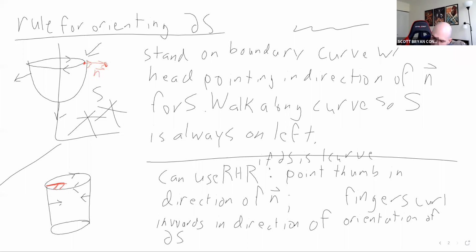And then we'll do the same for the bottom. So we're along the bottom. That's us. We're sort of pointing our head inwards. And the side that's facing the surface is that, so we want that to be our left.